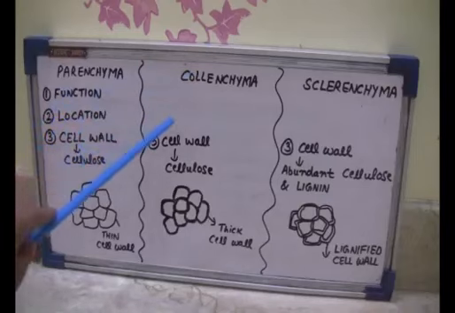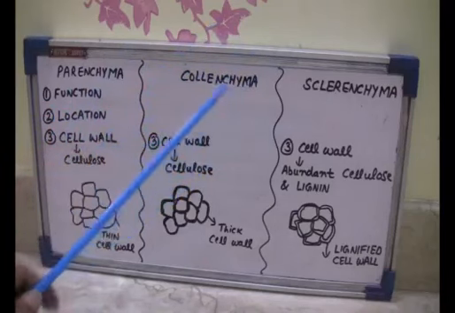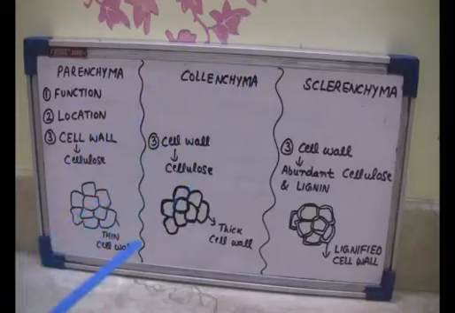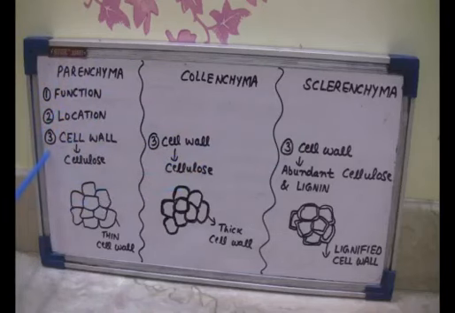Collenchyma is to prepare the food as it can perform photosynthesis, and the sclerenchyma function is to give strength, hardness, rigidity to plant body and support to plants as its cell wall is lignified. Now second point, you have to write the location of all three, and in third point you have to describe their cell wall.